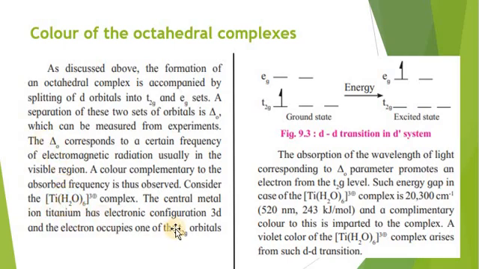Let's take one example: the hexaaqua titanium ion, [Ti(H2O)6]3+. The central metal ion titanium has electronic configuration d1, and the electron occupies one of the t2g orbitals.